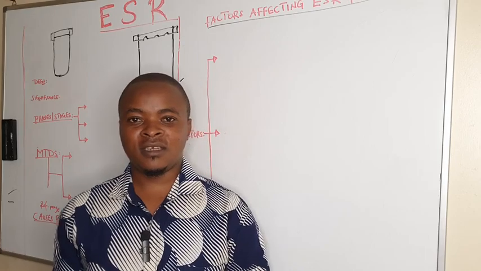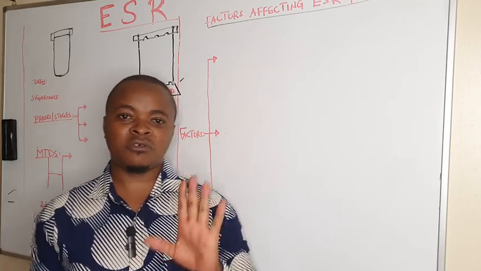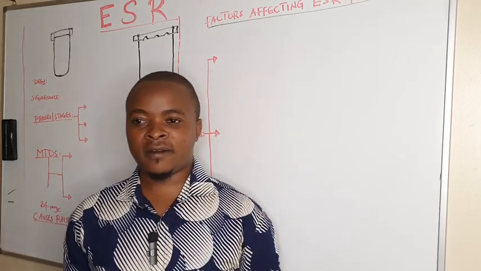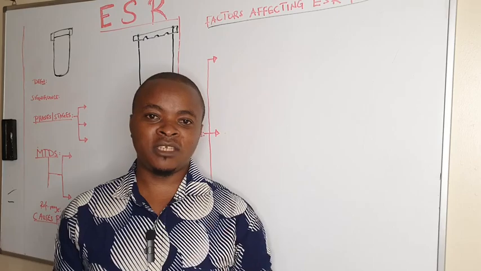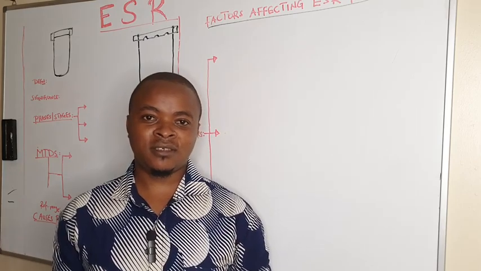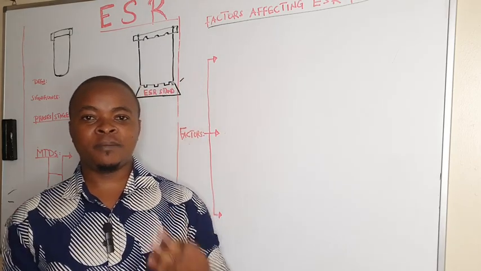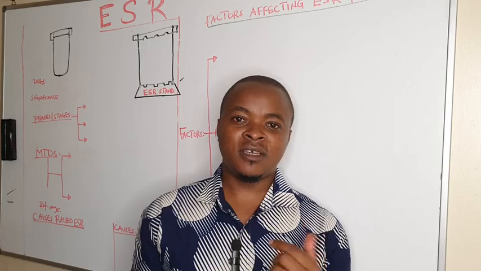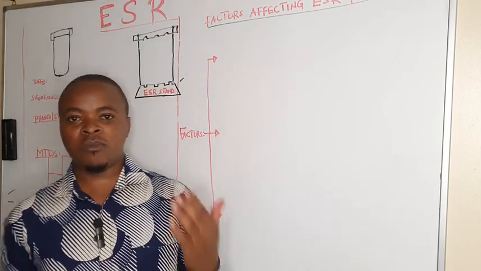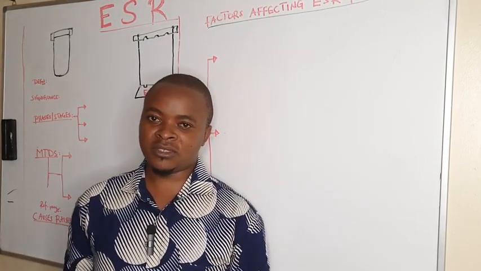In this video today, we are looking at ESR, known as Erythrocyte Sedimentation Rate. This ESR is a hematological test which is non-specific and is used in monitoring inflammatory conditions.